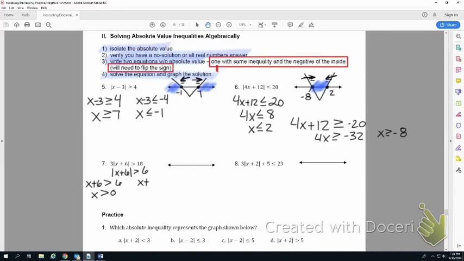Peter, if I have x plus 6 and then negative 6, what's going to go in front of the negative 6? What inequality is going to go right there? What's the other one called? Less than. And then I subtract 6.